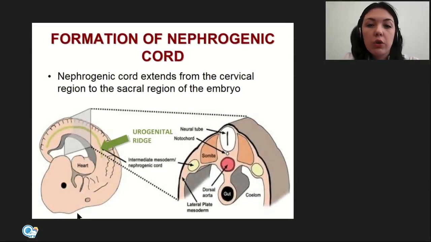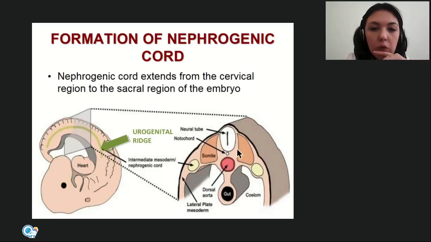So the first structure that is formed is the nephrogenic cord. And the nephrogenic cord extends from the cervical region to the sacral region of the embryo. It is located, with the neural tube most dorsally, then the notochord, yes, and then the nephrogenic cord, in front of the neural tube.